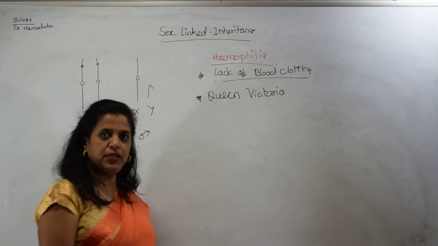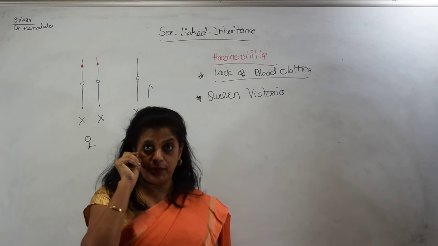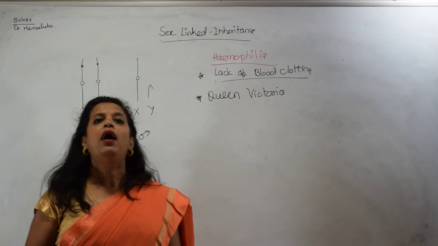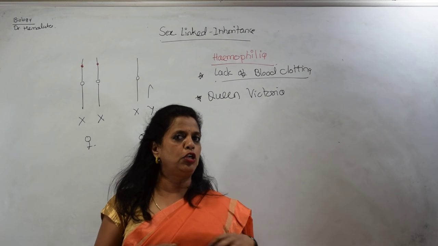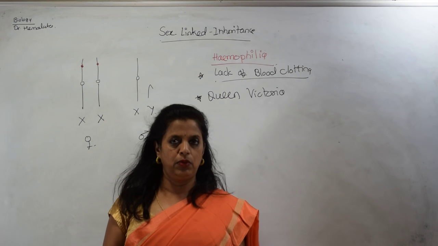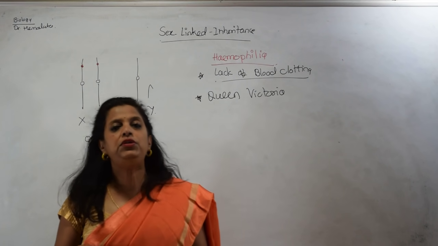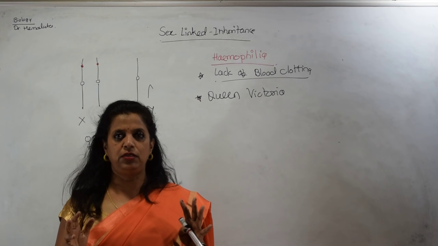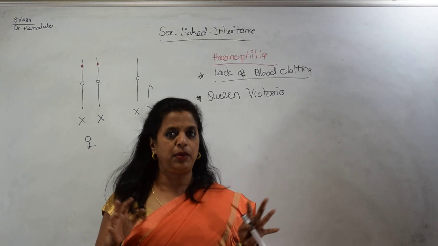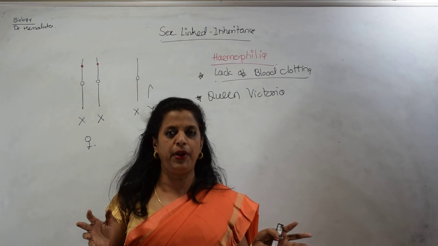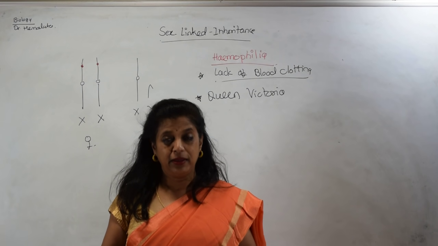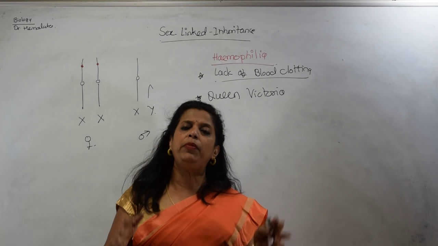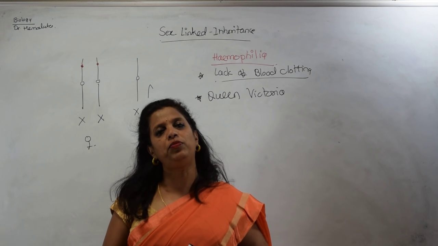She had the gene for hemophilia, right? And she was not showing the character or the bleeding problem. But what happened was, she had 2 sons who died in separate accidents. They died because of excessive bleeding, whether from a smaller wound or a bigger wound.